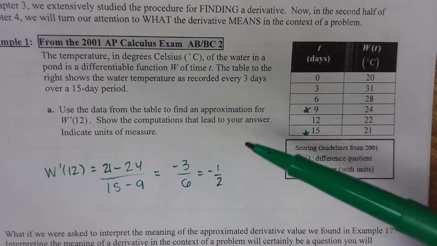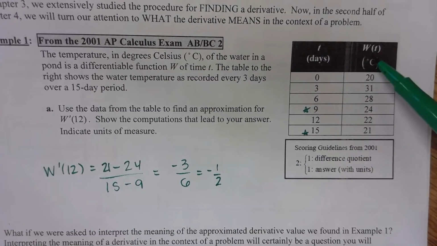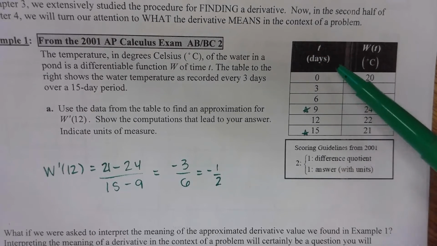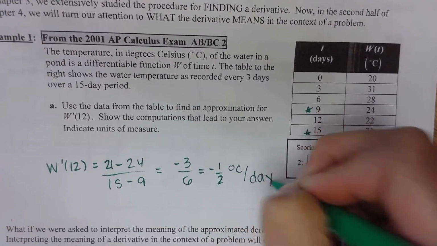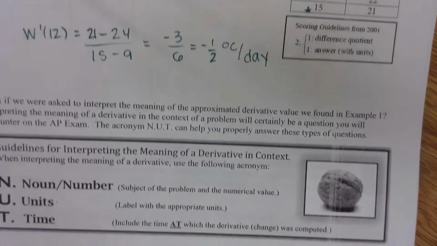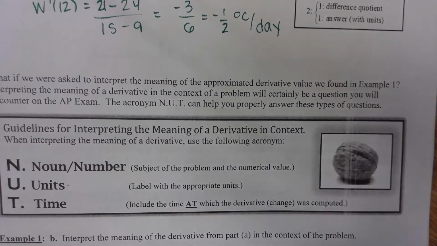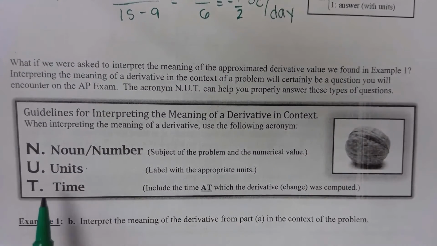The units in this case for the derivative are representative of the function over time. So degrees Celsius per day. So when we're asked to interpret the meaning of a derivative, such as in example 1, we're going to start to apply the concept of a NUT, meaning you need a noun, a unit, and time.